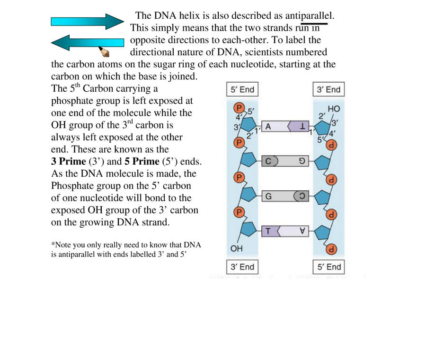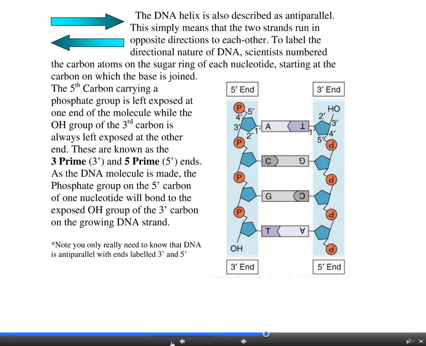So these two lines here are anti-parallel. They'll never cross over or get further apart, but this one is running in this direction and this one is running in this direction. So why is it anti-parallel? Well, if you look at the structure of DNA here, I might just pop back to one of the diagrams we had earlier.